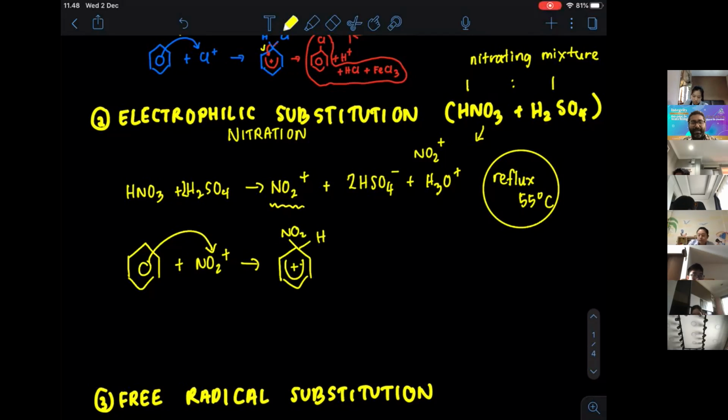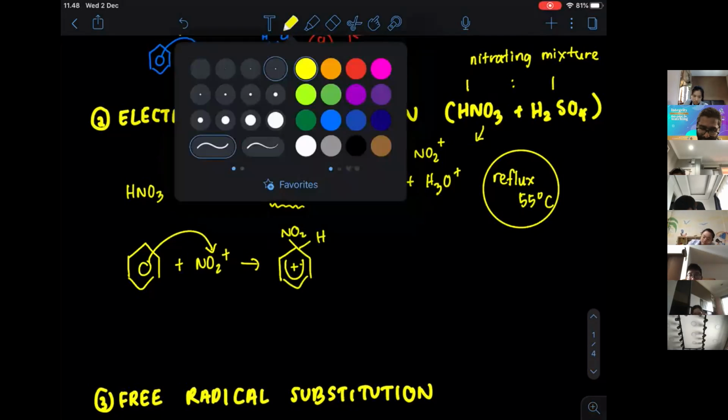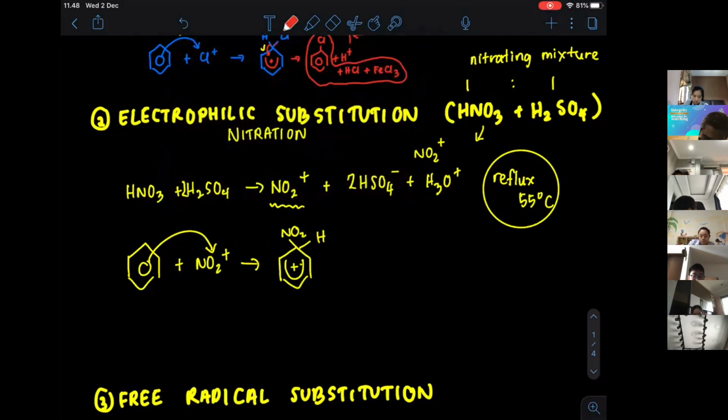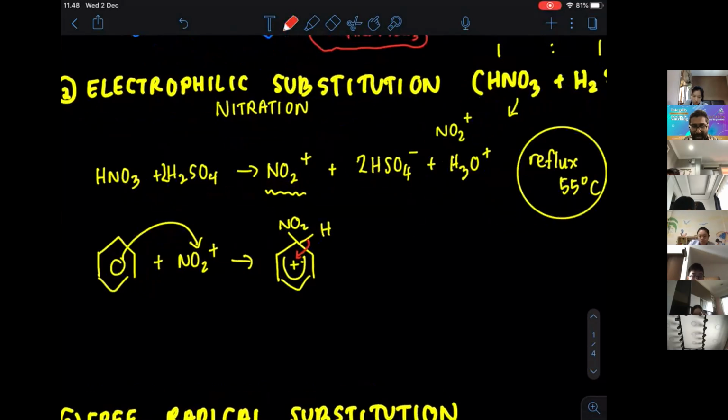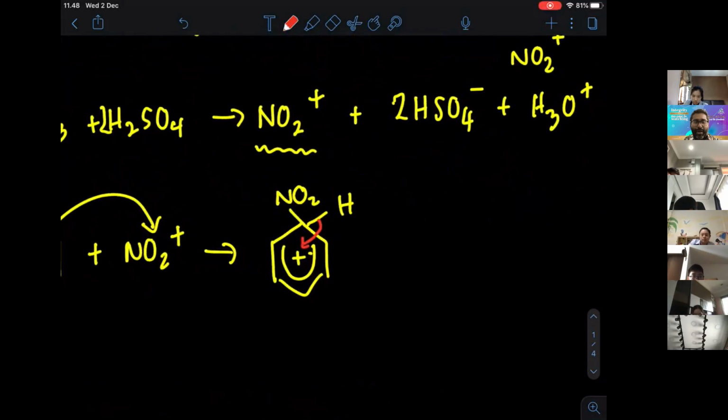So what is the next step? The next step is to draw this arrow. There is going to be a heterolytic fission, whereby the two electrons go back into the ring, leaving the H plus alone. So you get H plus and you get nitrobenzene, which is NO2 on the ring.